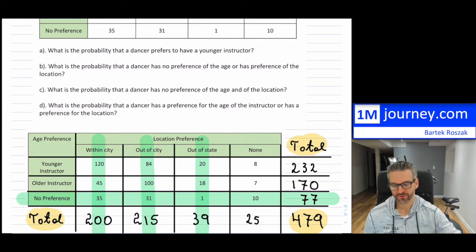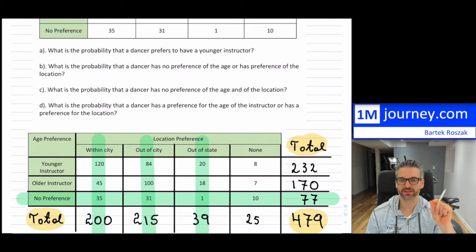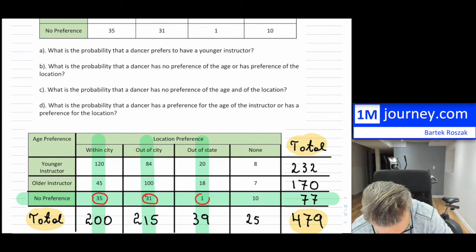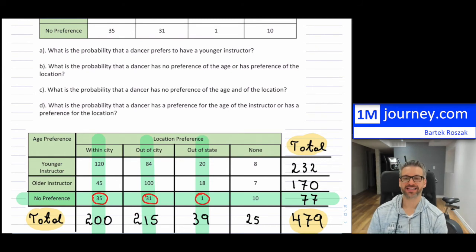So if you're going to do that, so the intersection between the two, so no preference for the age and of the location, then you're going to be left with, so here's 1, 2, and 3. That's the "and."